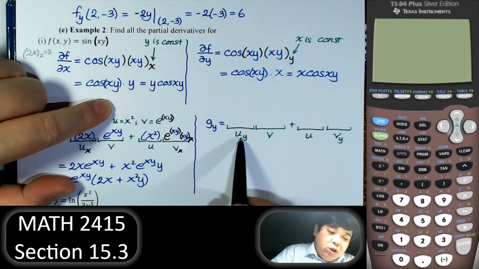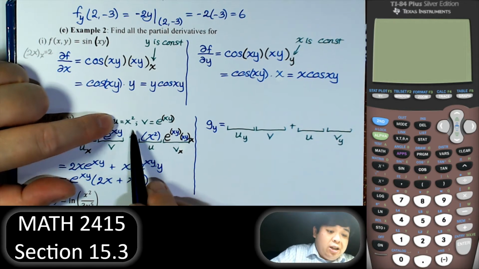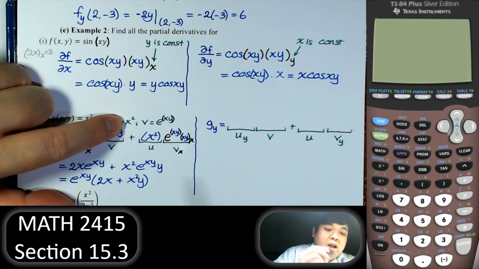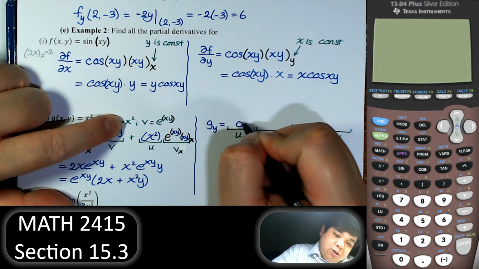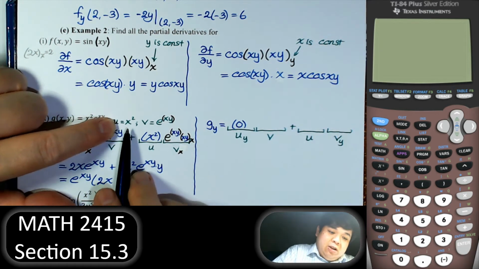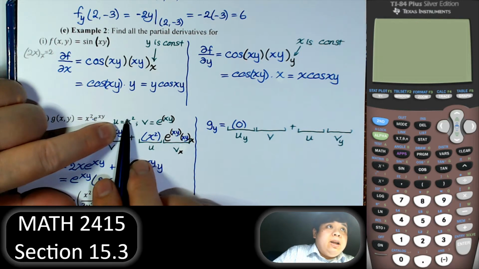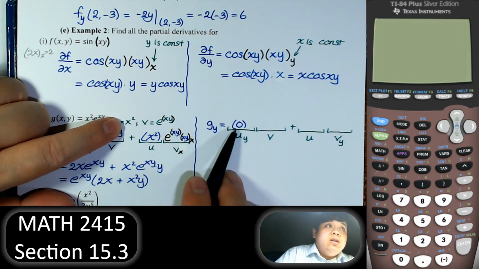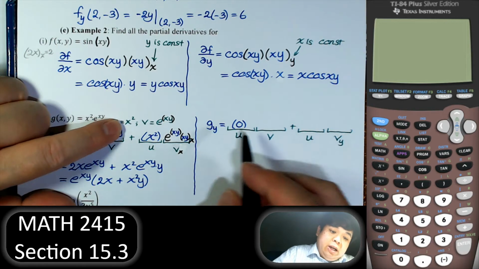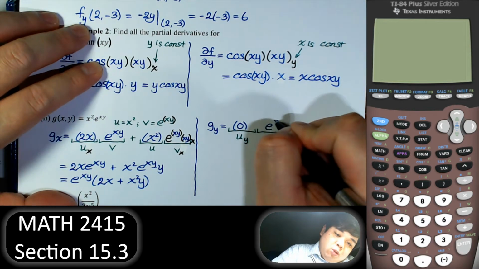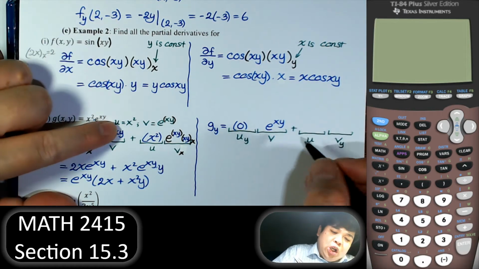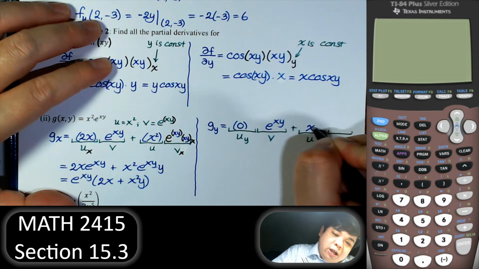Derivative of u with respect to y, there's no y here. X squared here is just a constant. Derivative of a constant is 0, because here there's no y. And then v is still e to the xy. So this is still 0. U is x squared.